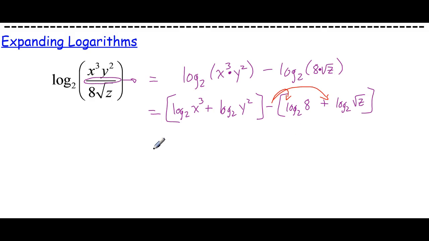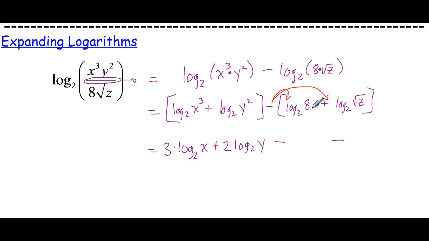Okay, what else? Let's see. We've also got an exponent. And the most important logarithm property, the one I made a big deal about, is the one that lets you take exponents and put them in front. So we're going to have 3 times log base 2 of x plus, take that exponent, put it in front, 2 times log base 2 of y minus, these will both come out negative.